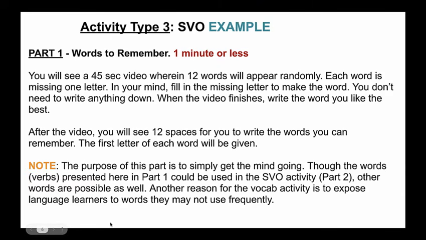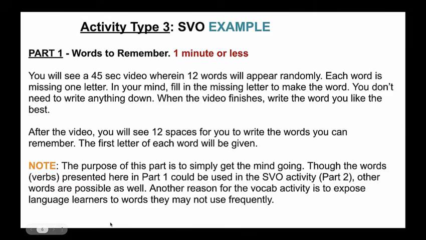After the video, you're going to see 12 blank spaces, and you can write the words that you can remember. The first letter of each word will be given. Okay, an important note here. The purpose of this part is to simply get the mind going.